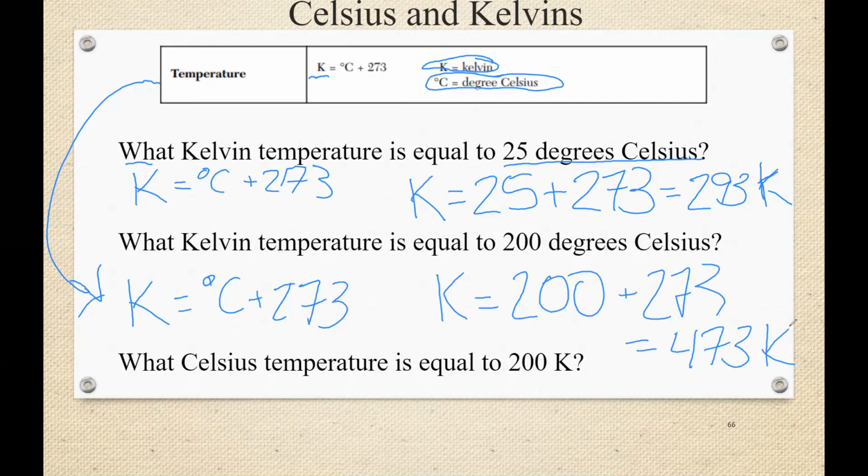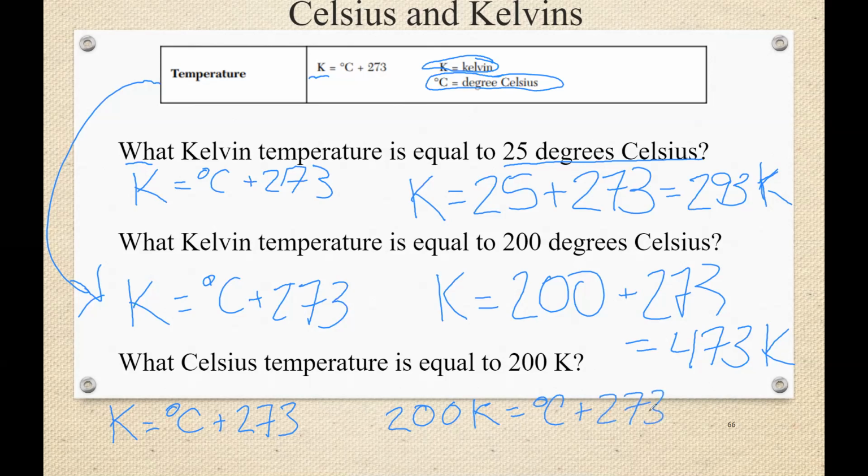Let's work backwards a little bit. What Celsius temperature is equal to 200 kelvins? Well, we know that kelvins equals degrees Celsius plus 273, and we know that we have 200 kelvins. So instead of plugging in for C, we're going to plug in for K. 200 kelvins equals C plus 273.